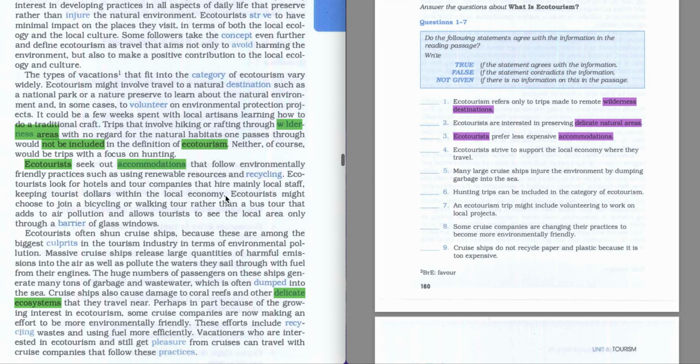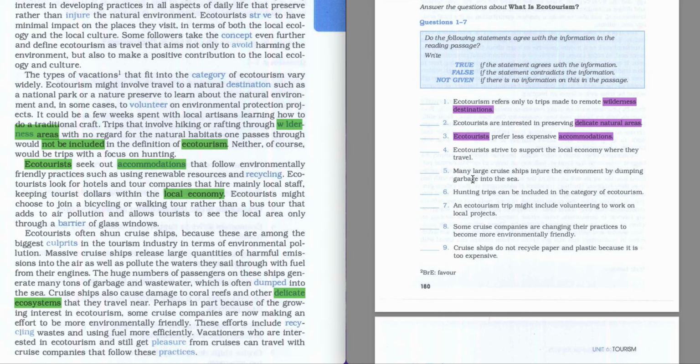When we go further, our keyword was local economy. Here we have the keyword local economy. Let's read this sentence. Ecotourists look for hotels and tour companies that hire mainly local staff, keeping tourist dollars within the local economy. So the answer to this question is going to be true. They really care about the local economy.